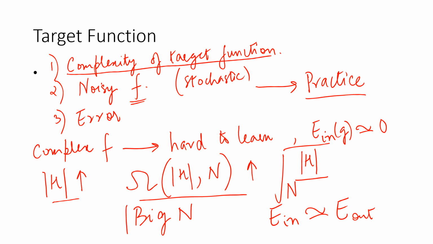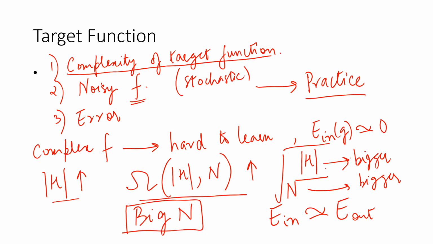We can somehow reduce the impact of h getting bigger. So if h is getting bigger and this is also getting bigger, there is a way to keep this in control, so that E in will not deviate too much from E out.